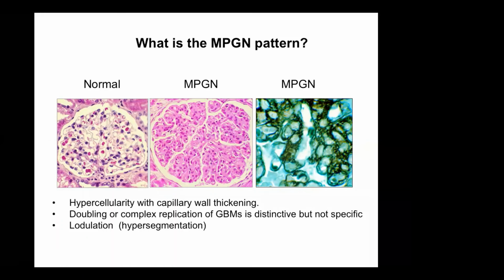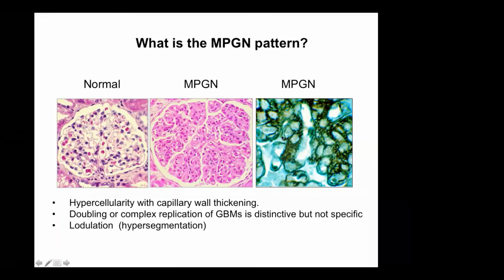But anyway, it's one of the features of MPGN and it's distinctive but not specific. It helps us if we are suspicious: is this hypersegmentation, is it lobulated, are there accentuated lobules, or am I imagining it; is this thickened, or am I imagining it; is this hypercellularity.